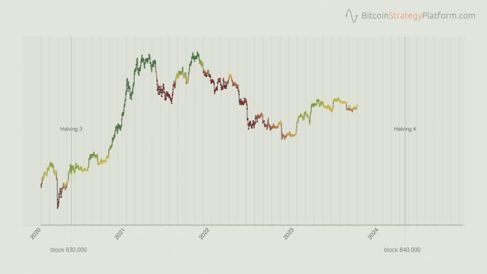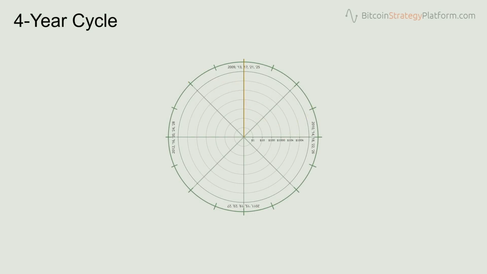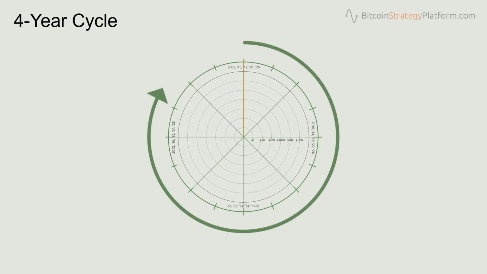Now we're going to use this color-coded price in the following chart because Bitcoin moves in a 4-year cycle. And what chart is better than a circular chart to show Bitcoin's cycle? So each rotation in this circular chart is a time period of 4 years.